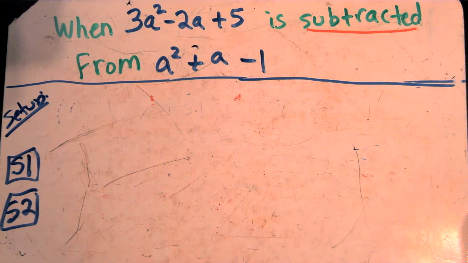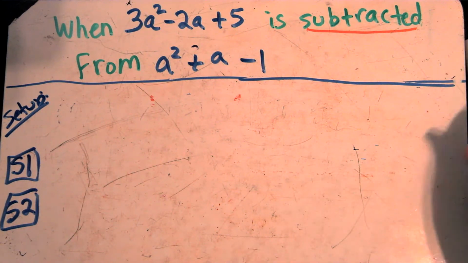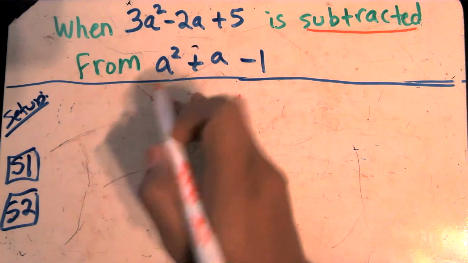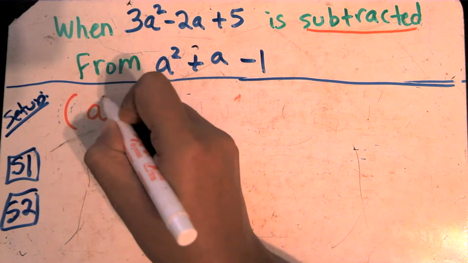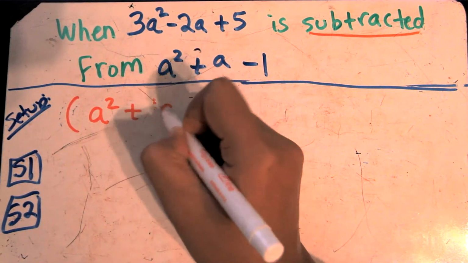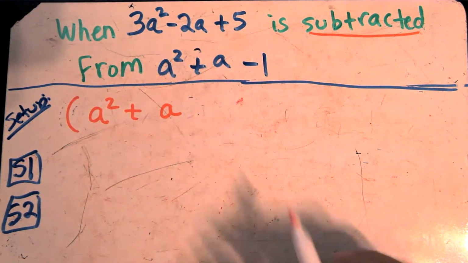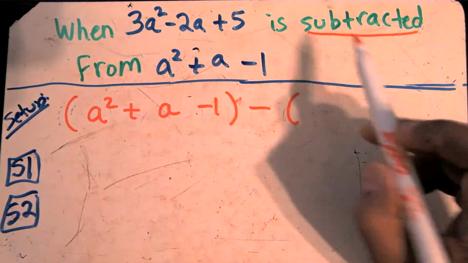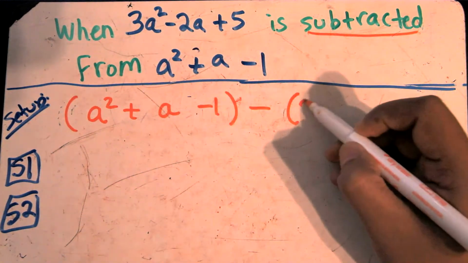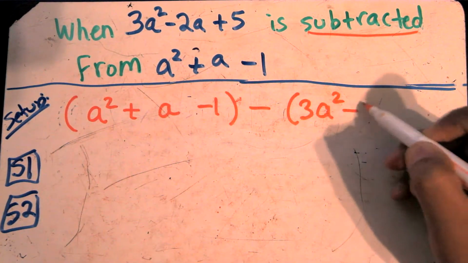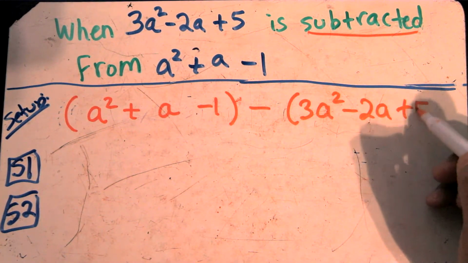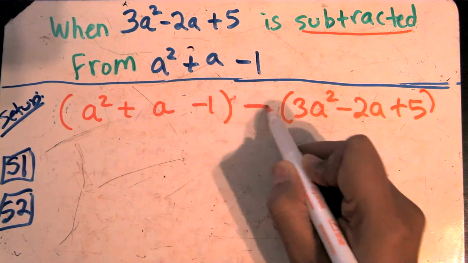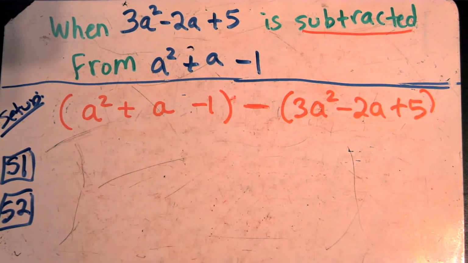I'm starting from a squared plus a minus 1. So that's going to be the first polynomial. And I'm subtracting 3a squared minus 2a plus 5, which is subtracted from this.